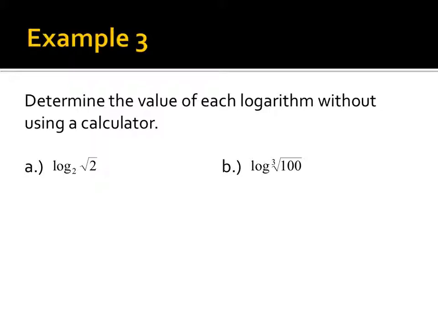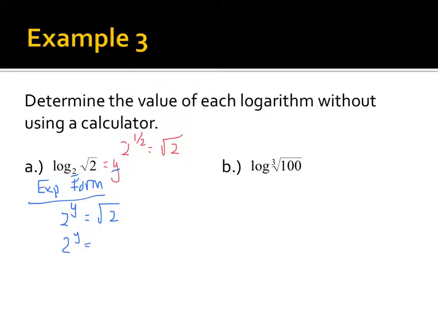Here, the idea is that I want to remind you the following. For this first example, I want to remind you that 2 to the 1/2 really means the square root of 2. And that's going to be very important, because when we rewrite this in exponential form, we set this equal to y, and so we say, okay, here's our base 2, here's our power y, and it's equal to the square root of 2, but the square root of 2 is really 2 to the 1/2.